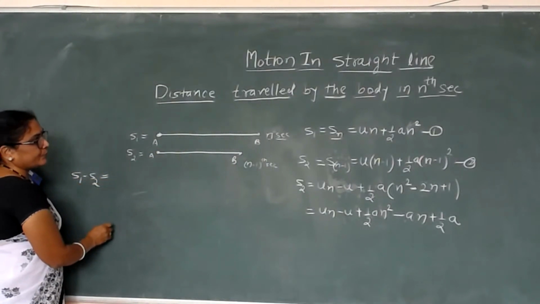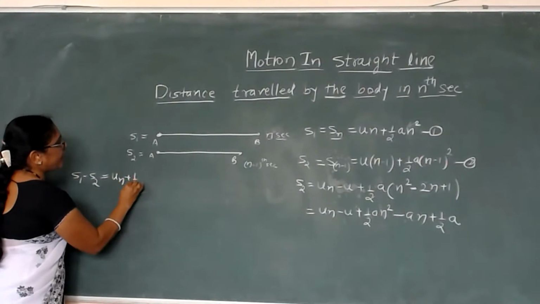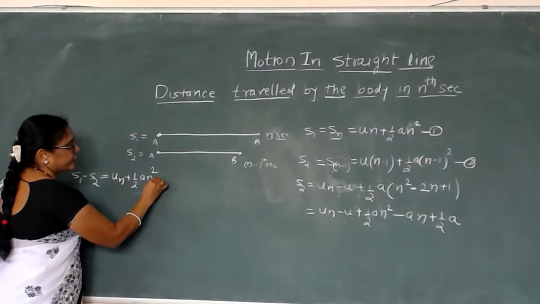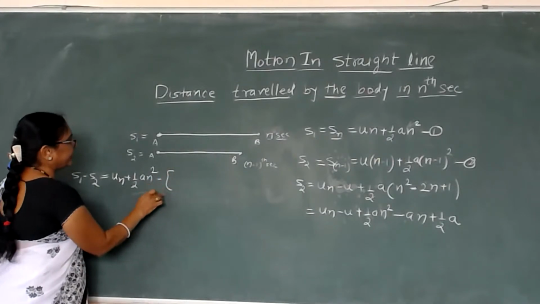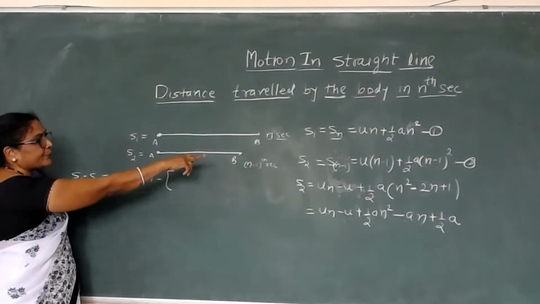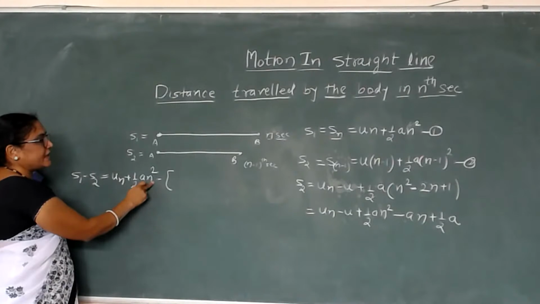S1 is equal to un plus half a n square, minus, write in the bracket, the second equation, S1 minus S2. S1 is equal to un plus half a n square minus S2.